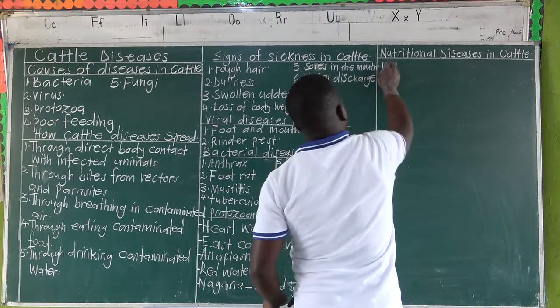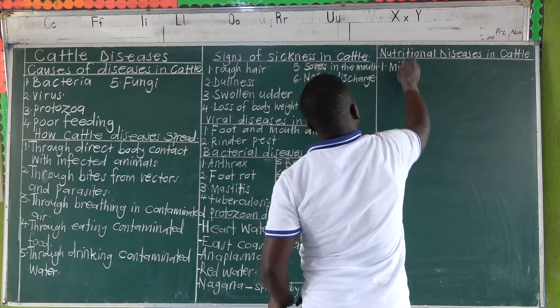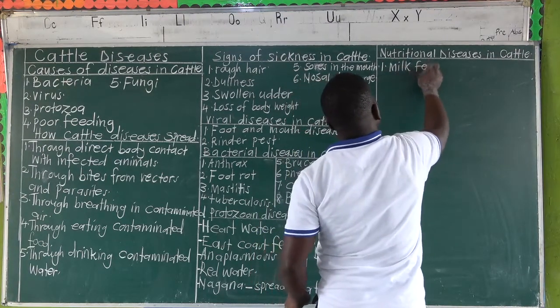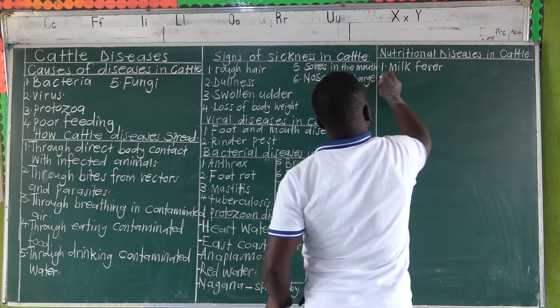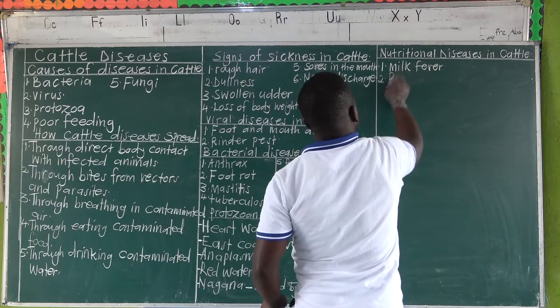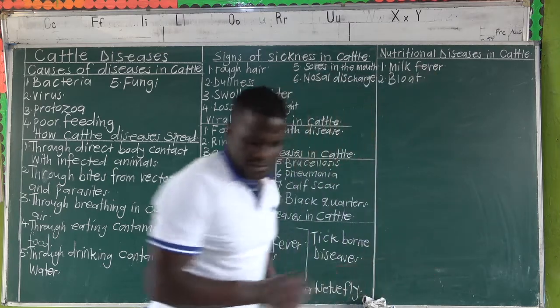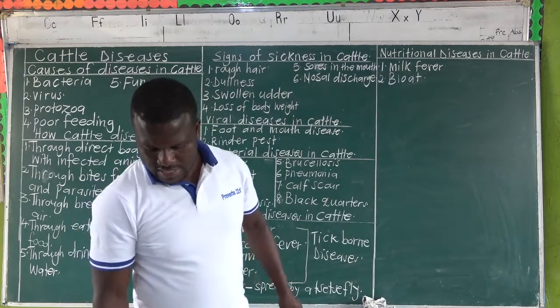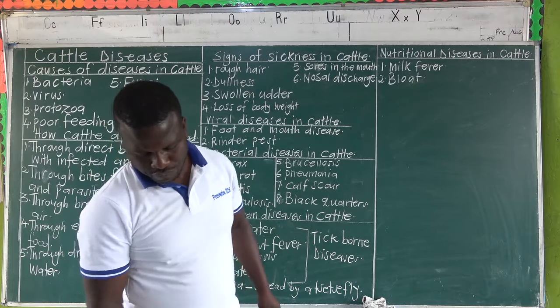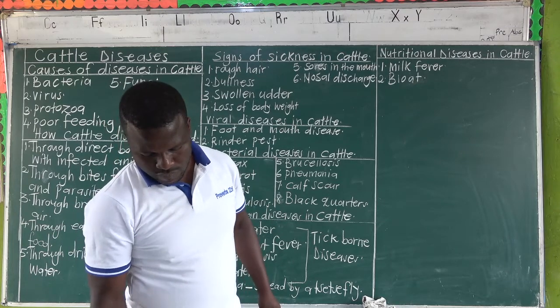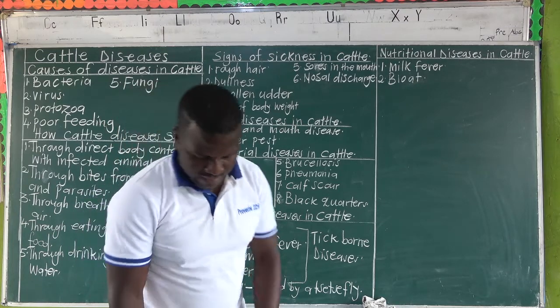Number one, we have what we call milk fever. Number two, we have bloat. So those are some of the diseases that affect cattle.